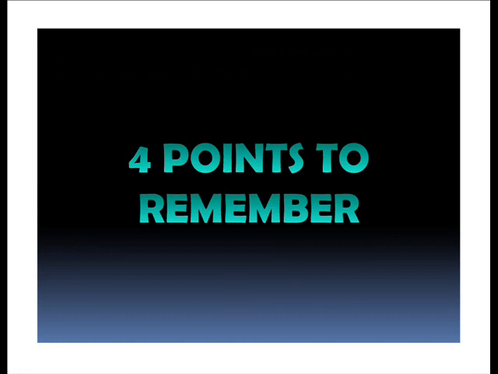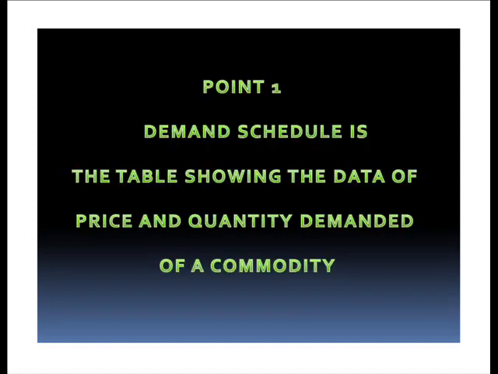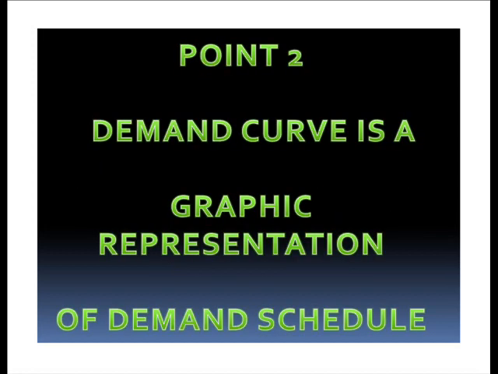4 points to remember. Point 1. Demand schedule is the table showing the data of price and quantity demanded of a commodity. Point 2. Demand curve is a graphic representation of demand schedule.